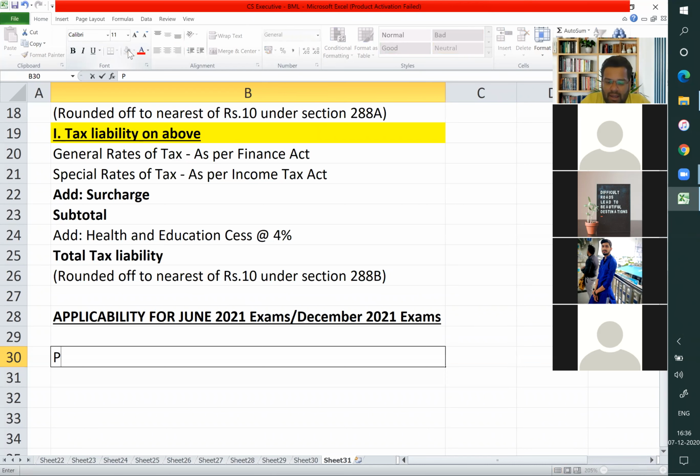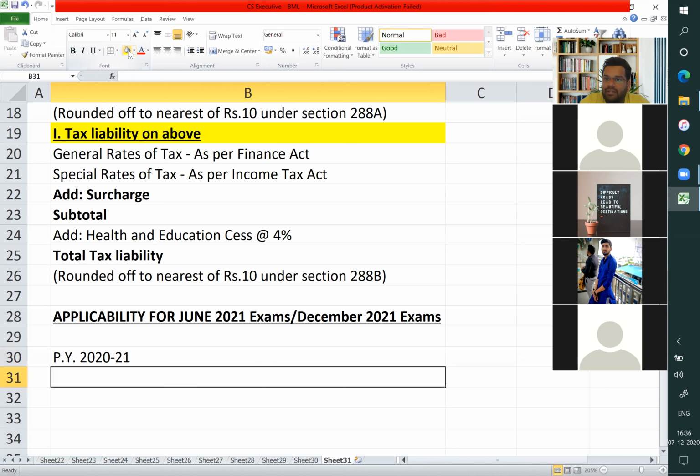So applicability for June 21 exams is of PY 2021. So my dear friends, which will be the relevant AY? Exactly, 21-22.